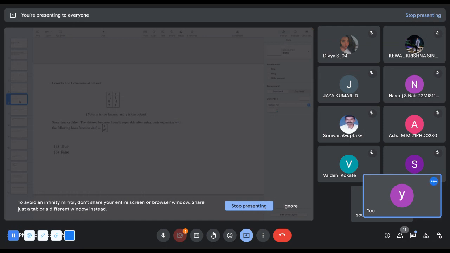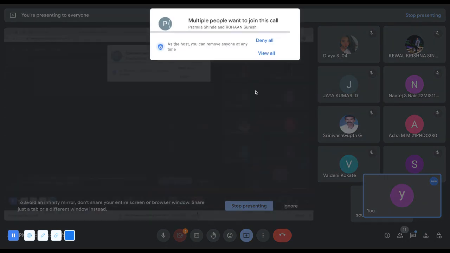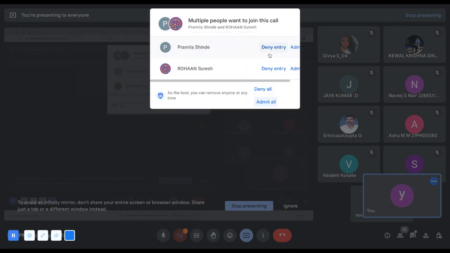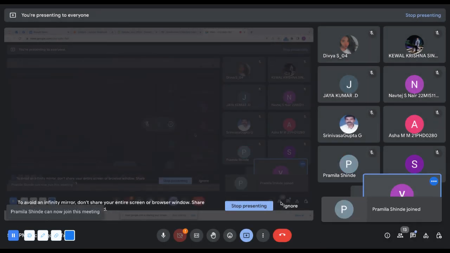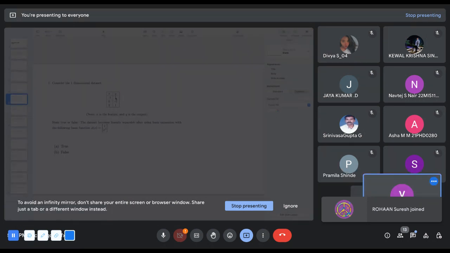So now you have a one-dimensional data set, x, and y is the label. Minus one, zero, two are the points, and you have labels one, minus one, and one, so positive, negative, and positive.